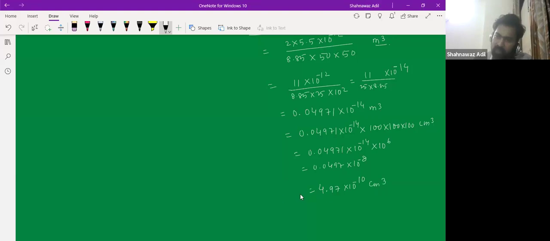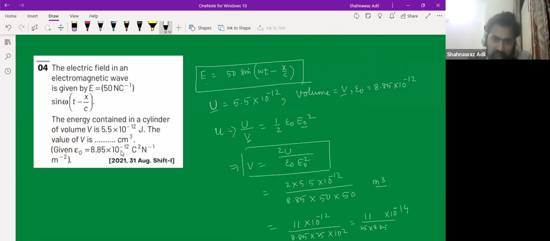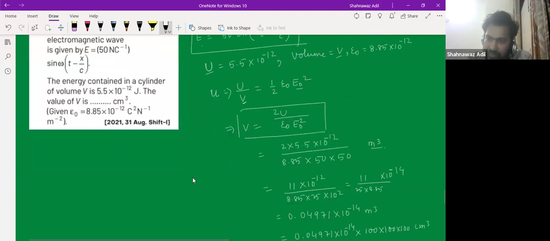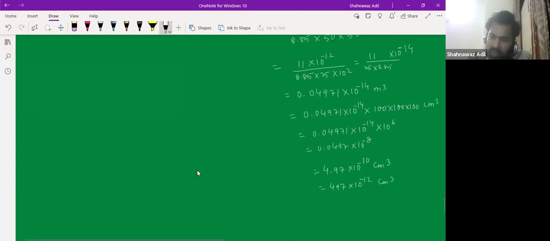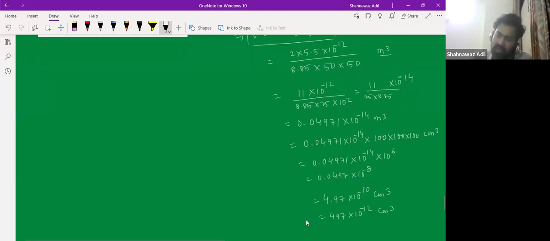So that would be the answer, right? I guess they have written it in 10 to the power minus 12. So yeah, this would be the answer. This is the volume.